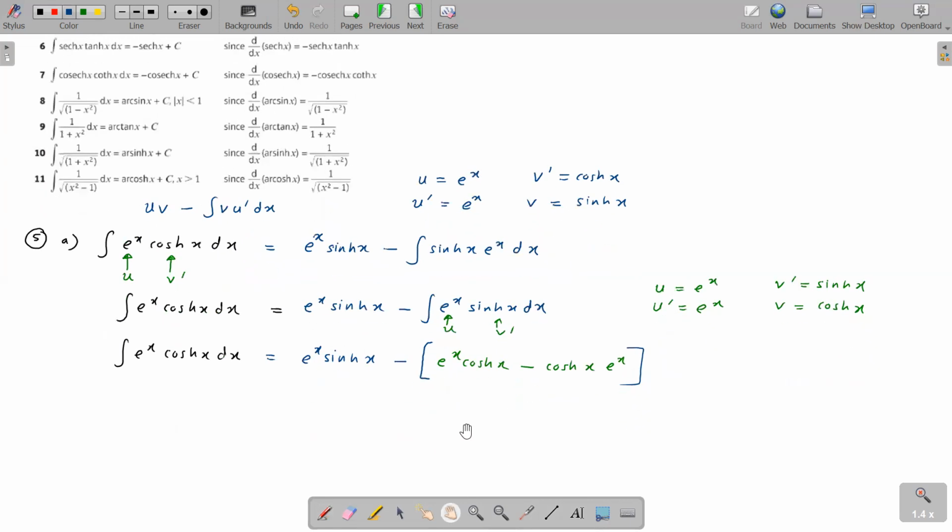Sorry, uv minus vu dash with integration sign, right? This comes with the integration: uv minus integration v u dash. Are you okay with it? This is with respect to x. Okay, let's open the bracket now. Integration of ex cos x dx equals, here I get ex sin x minus ex cos x. And do you see here minus minus becomes what? Plus, right?